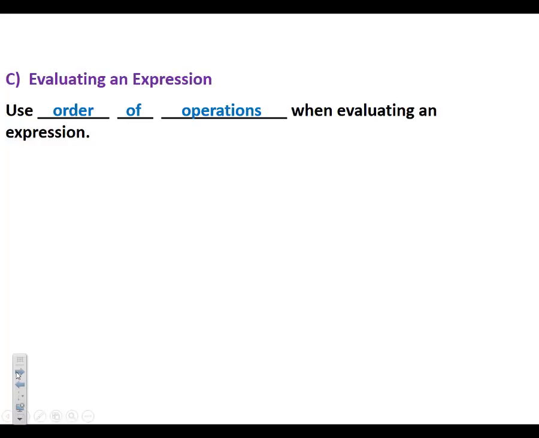I know we've done it before, but our order of operations. No more is it PEMDAS. We now have GEMDAS. We start with G now. No more P. We're going to start with G because G says grouping symbols. Grouping symbols, we've learned some of those. We know that there are parentheses. We know that there's absolute value bars, and there's square root or radical signs that are also grouping symbols.